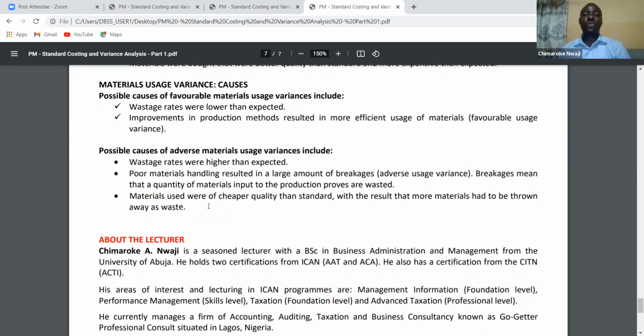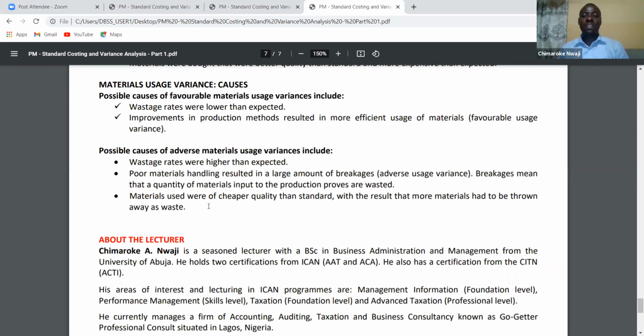We then went ahead to look at direct material variances. We looked at the total material variances, and broke them down into their components, price and usage variances. We looked at favorable and adverse variances, and we investigated the causes of those variances, why they are favorable and why they are adverse.